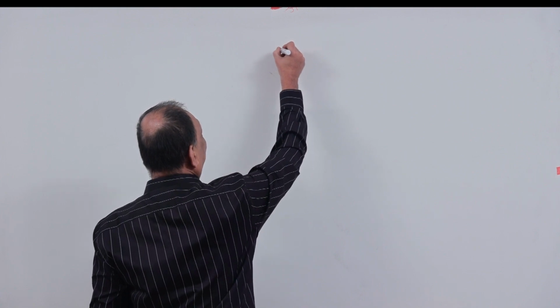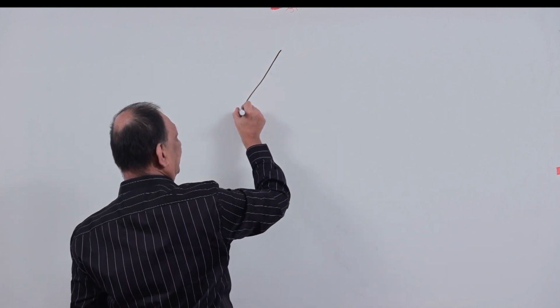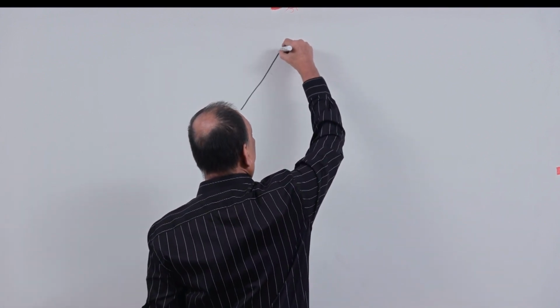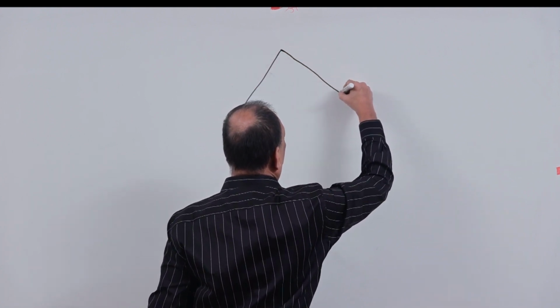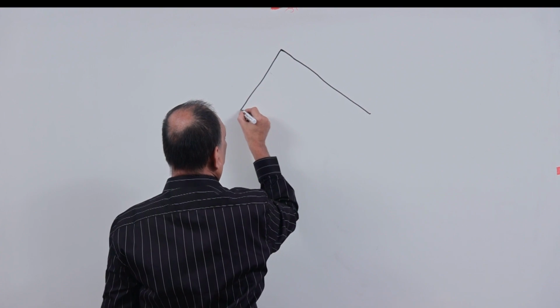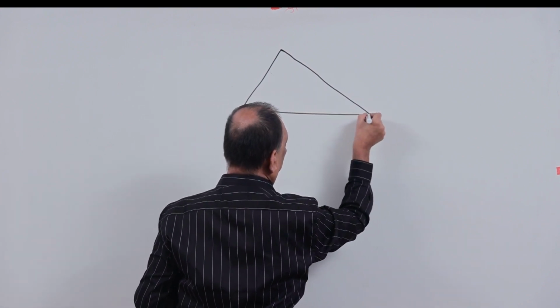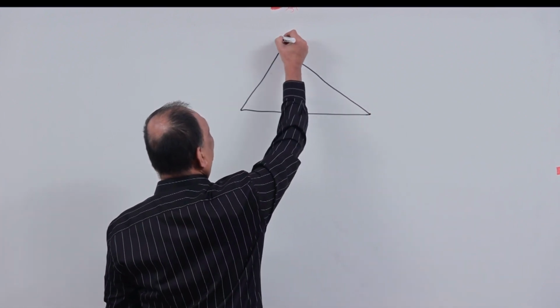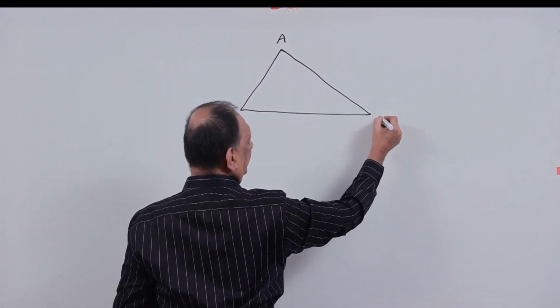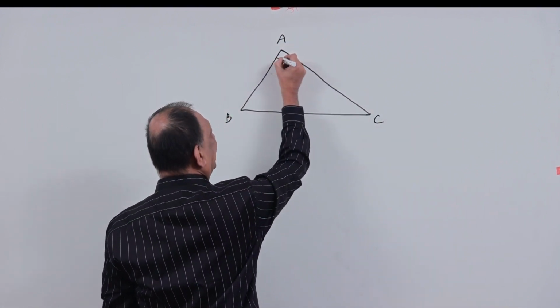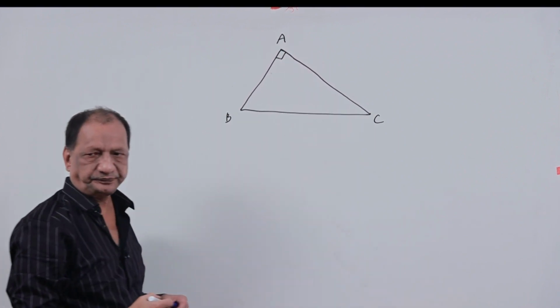So let us say we have a right angle triangle ABC. I've got the angle A as a right angle.